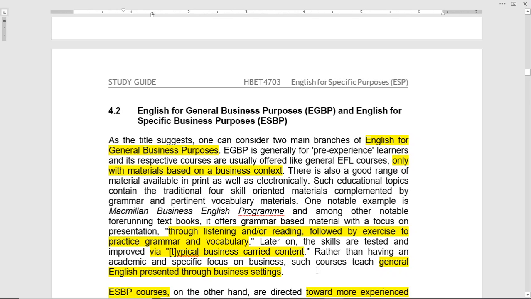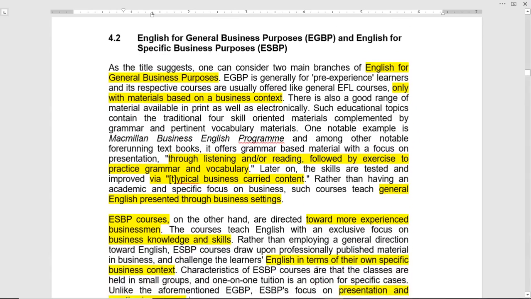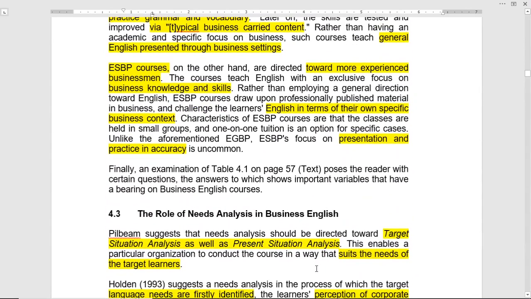Then English for specific business purposes. English for specific business purposes courses are directed towards more experienced businessmen. The focus is on business knowledge and skills. So the learners use English in terms of their own specific business context.